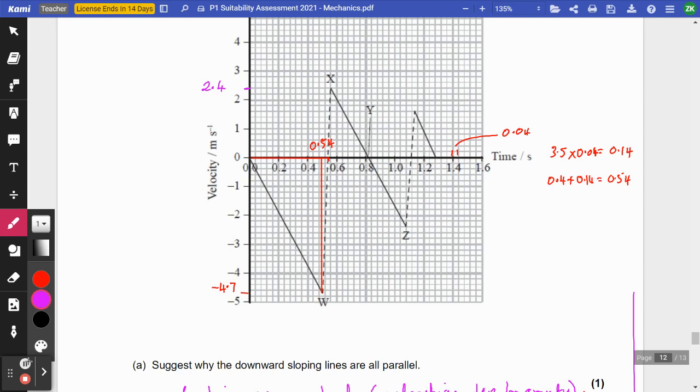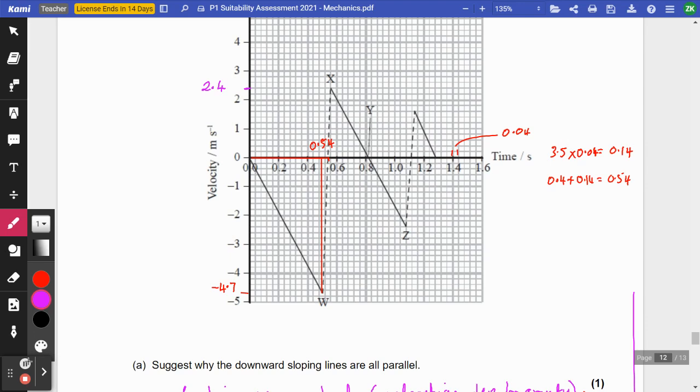and the height, this max velocity is halfway through 4.6 and 4.8, so that's 4.7. That entire area I'm looking at, each small square is 0.04 seconds.